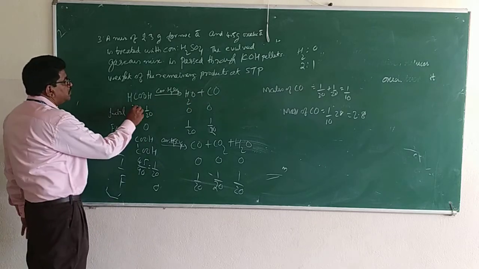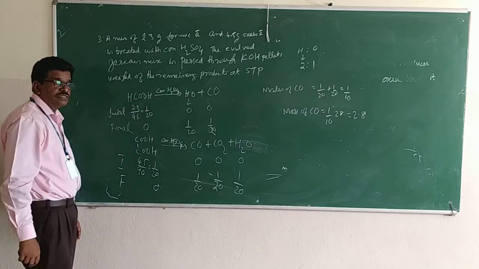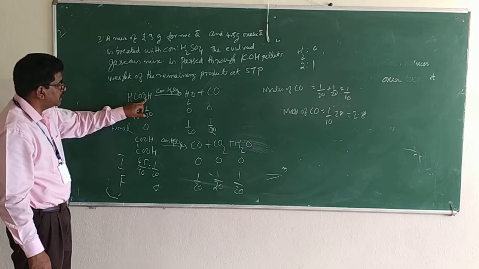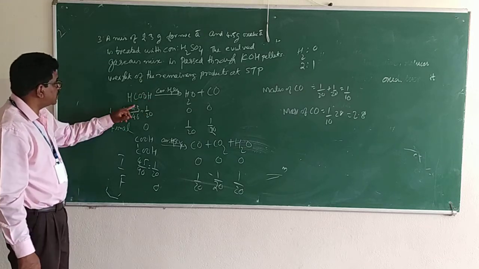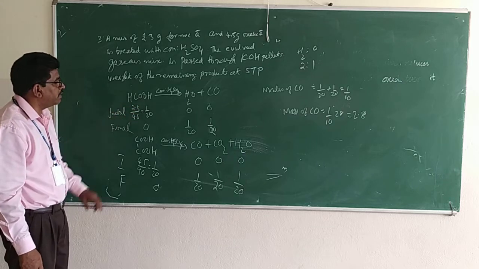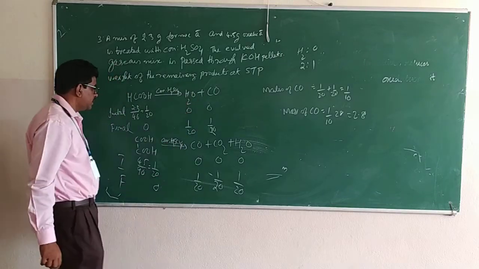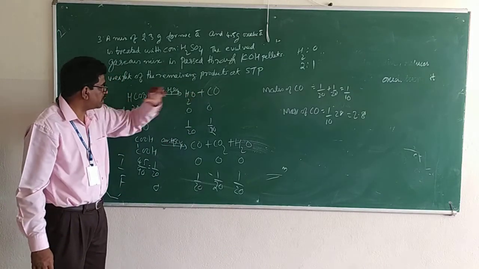It is given 2.3 gram and molecular mass of formic acid is 46. Hydrogen 1, carbon 12, oxygen 16, 2 oxygens are there, 32 plus the other 1, you get 46. So mass by molecular mass, you get 1 by 20. Initially no water and no carbon monoxide is present. But we know 1 mole of formic acid will give 1 mole of water and 1 mole of carbon monoxide.